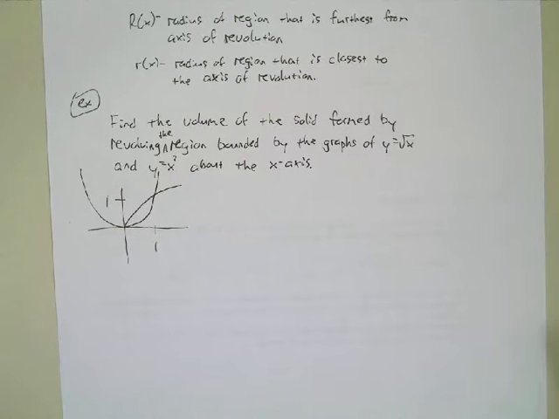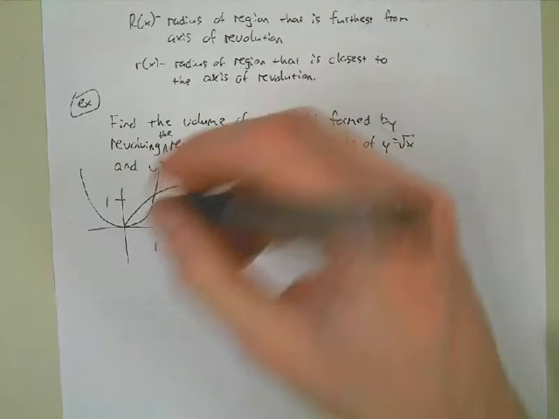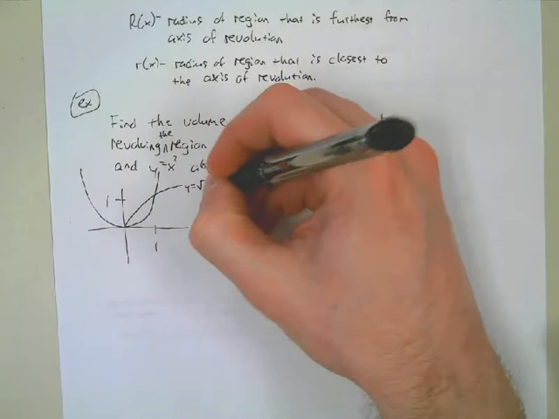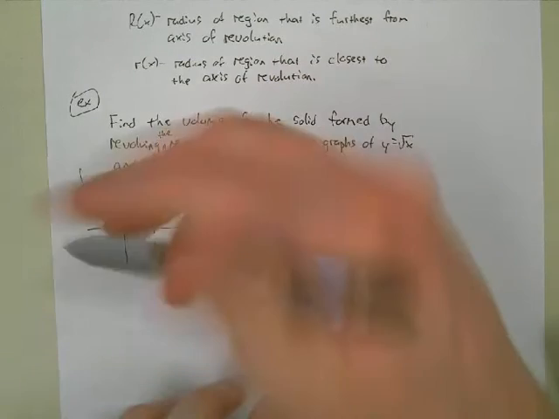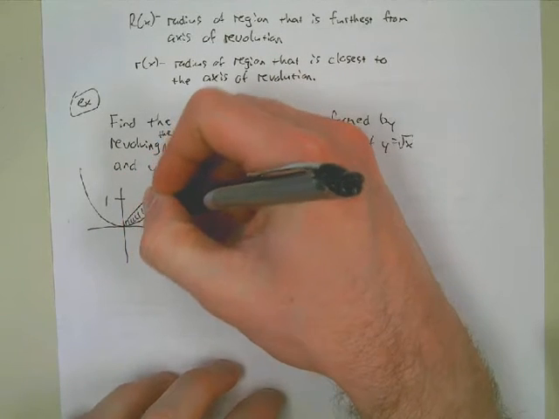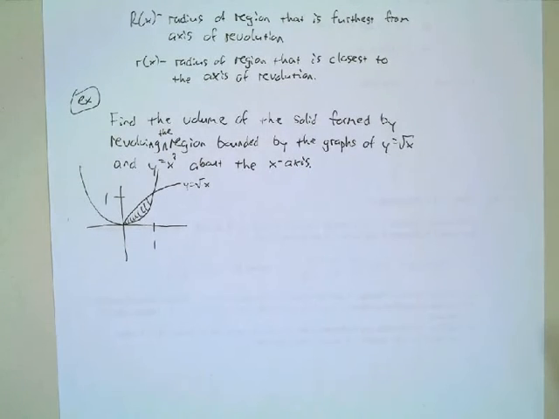The region is only bounded by y equals square root of x and y equals x squared. There's only one region that's bounded by both those curves alone. It's right there. All right? And we're going to rotate it about the x-axis.